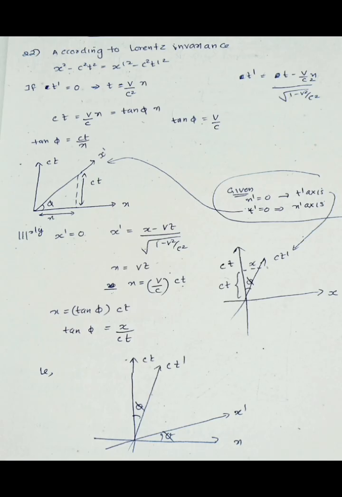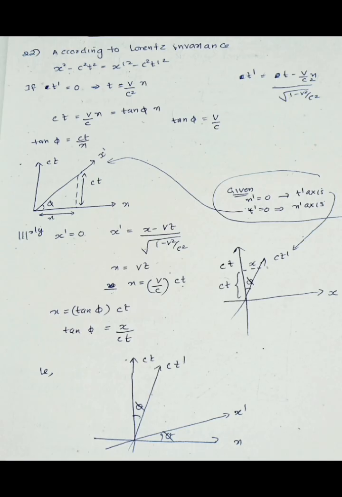Similarly, it is given that at the t dash axis, x dash is equal to 0. That is, we know x dash is equal to x minus vt divided by square root over 1 minus v square by c square. That is, x is equal to vt. Multiplying c in numerator and denominator, we get x is equal to v by c into ct. This is equation number 2.